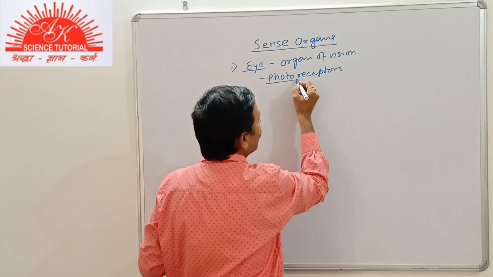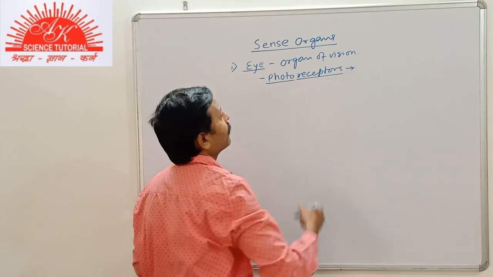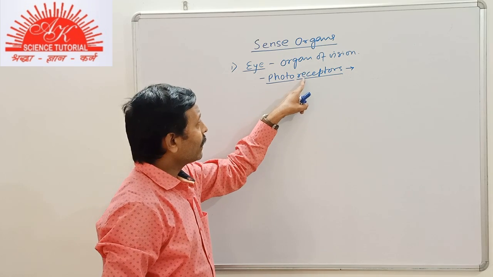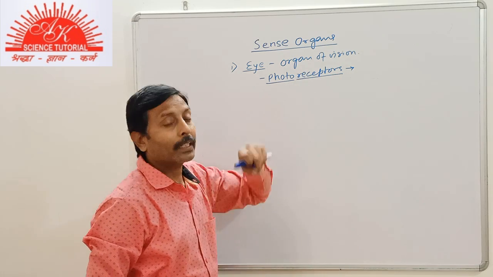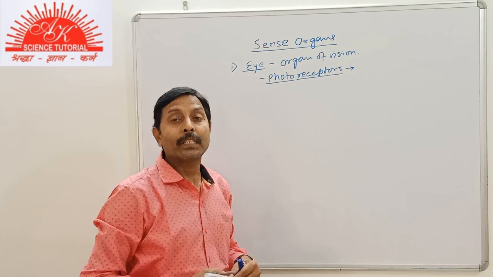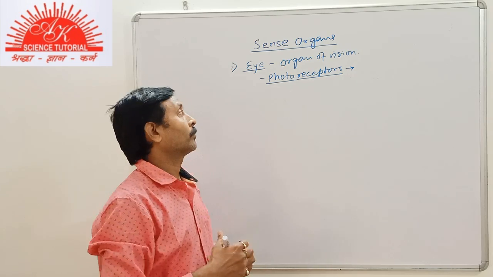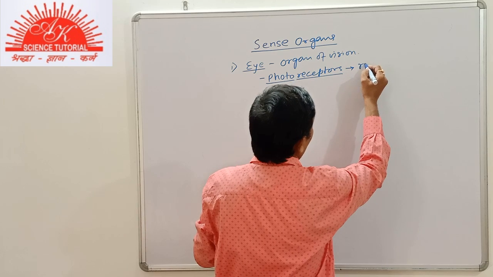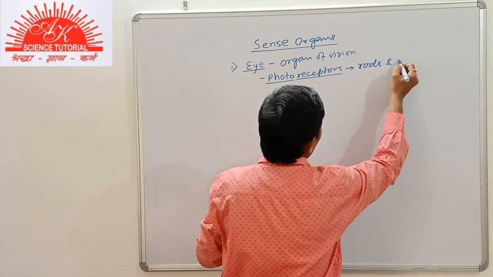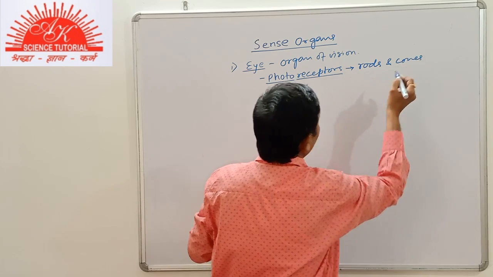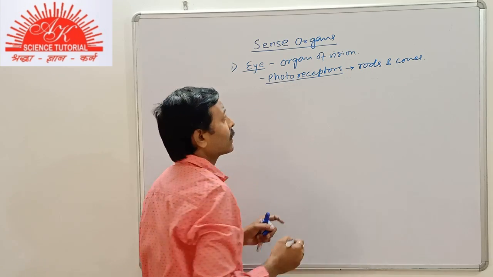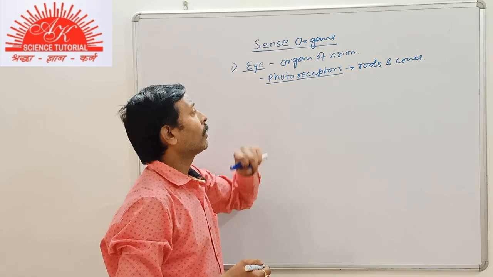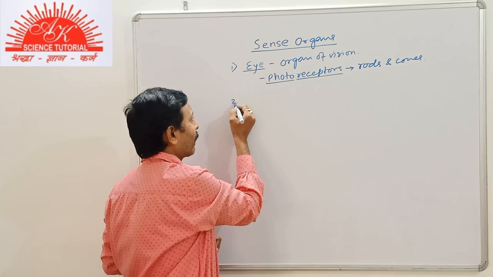Photo means light and receptor means receiving cells. That is, they receive light and using it forms image in the eye which is analyzed by the brain. Now, which are of two types, rods and cones. These are the two types of sensory cells present in the eye which are collectively or together known as photoreceptors.